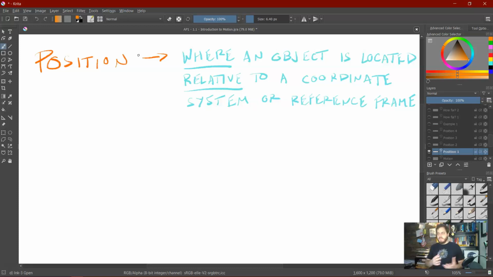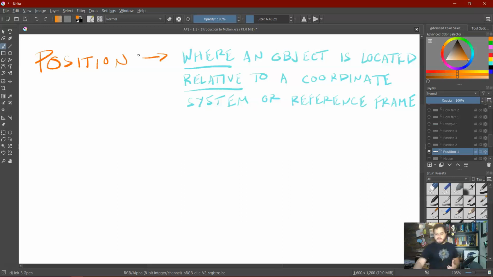Typically speaking, if you want to identify where something is located, and you're telling someone else, you relate it to something else. So for instance, currently I am in front of my computer. You are probably next to your desk or your bed.